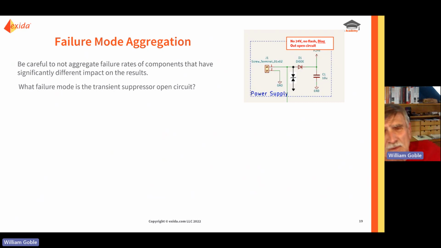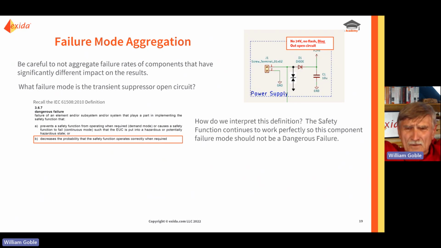What is the failure mode of the transient suppressor open circuit? Well, if that component fails open circuit, we would certainly lose our transient suppression, and other components downstream would be subject to higher levels of electrical stress.